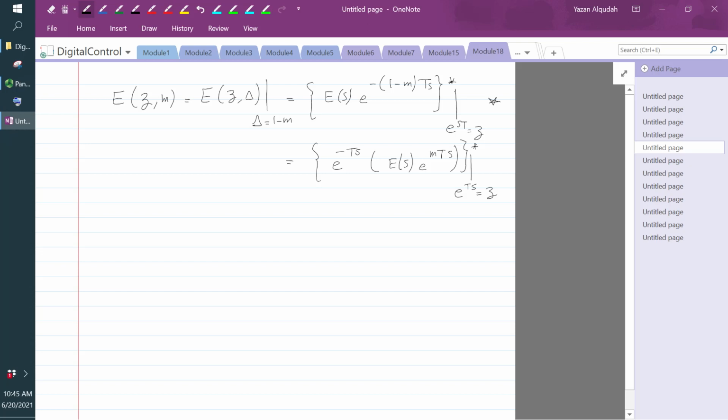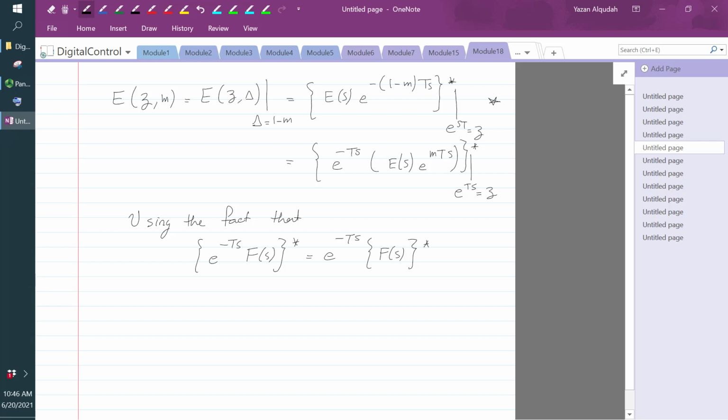Okay. Now looking at this expression, we can use the fact that if I have e to negative T s multiplied by any function F of s, the star, this is equal to e to negative T s multiplied by F of s, the star.